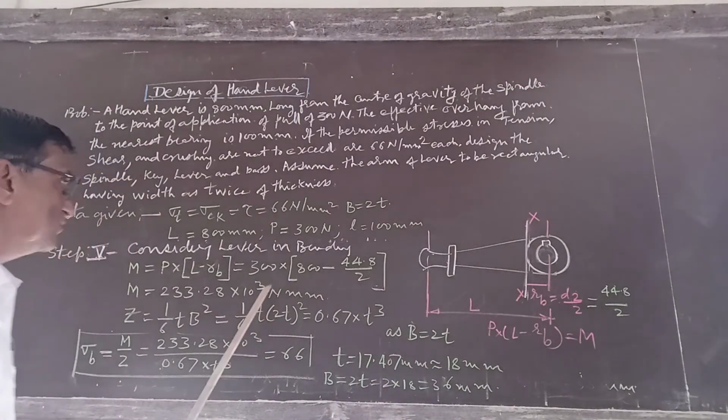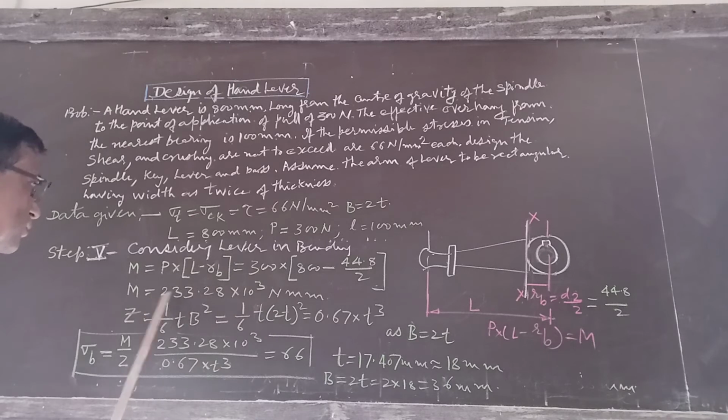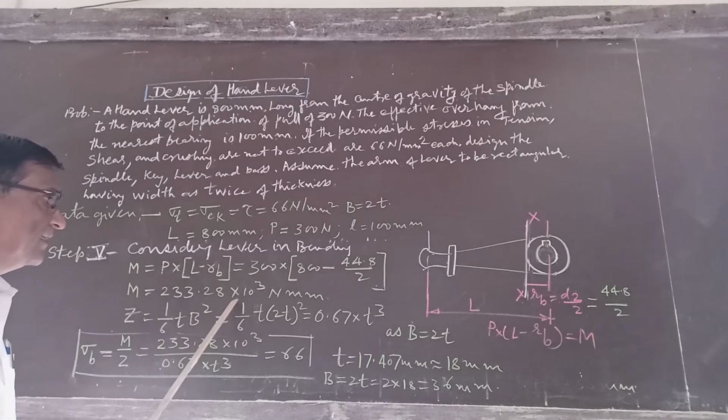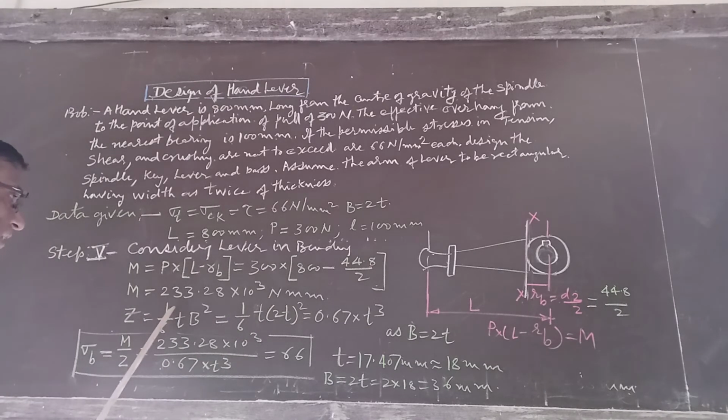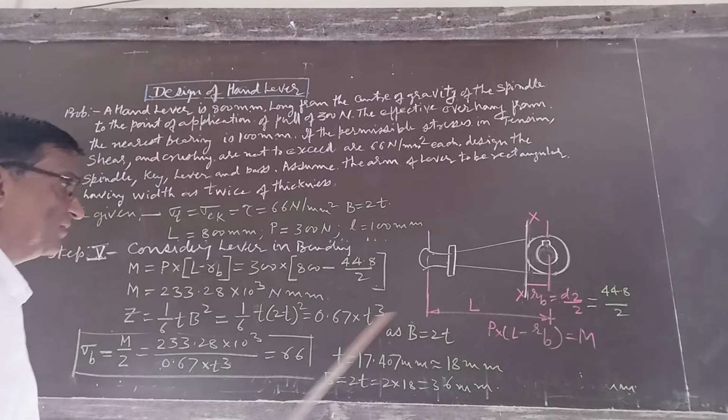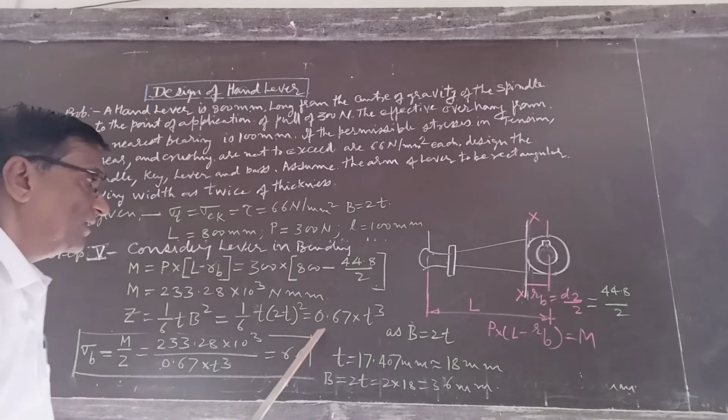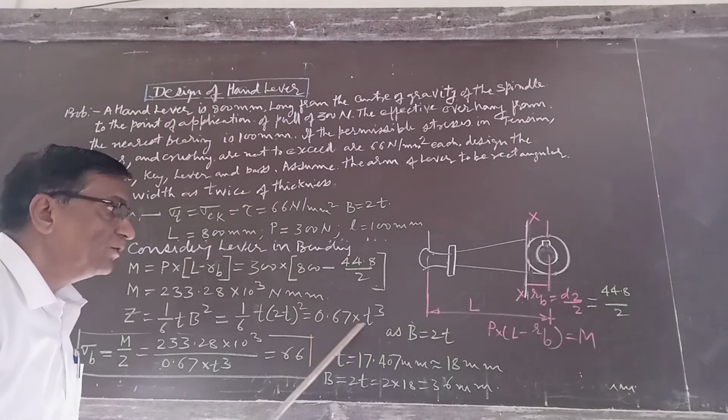So that comes out to be 233.28 into 10 raised to 3 Newton millimeter, and the value of Z is equal to 1 upon 6 t b square. As b is equal to 2t, Z comes out to be 0.67 into t cube.